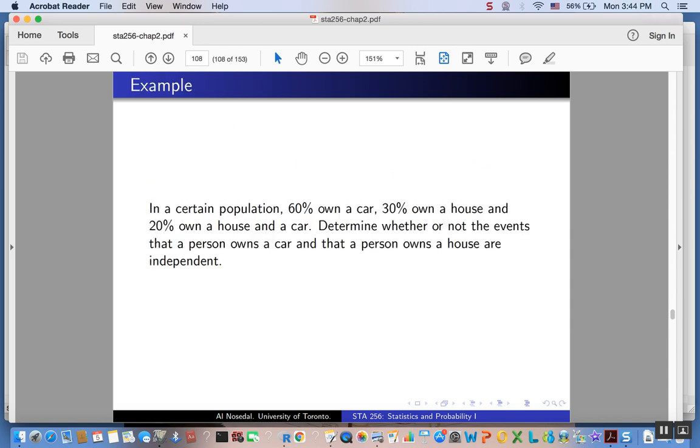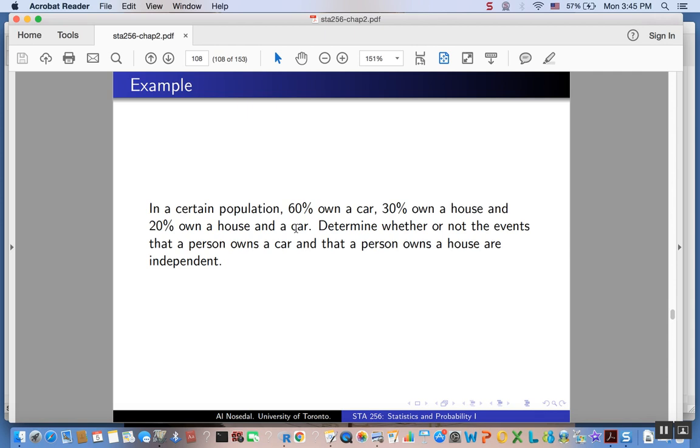Let's talk about an example. So we have a population. 60% of them own a car, 30% of them own a house, and 20% of them own a house and a car.